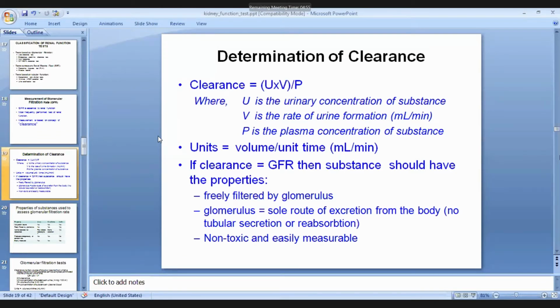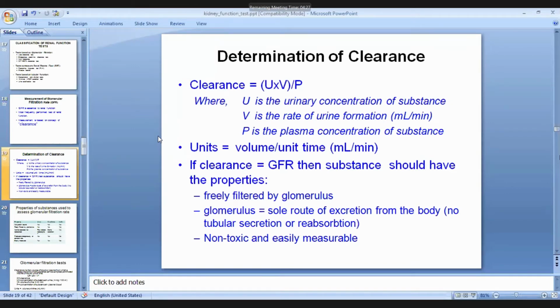If any substance is to be studied under clearance, it should generally be near to GFR. To be equal to GFR, it should have the following properties. It should be freely filtered by the glomerulus, with no selection, no obstacle, no hindrance.